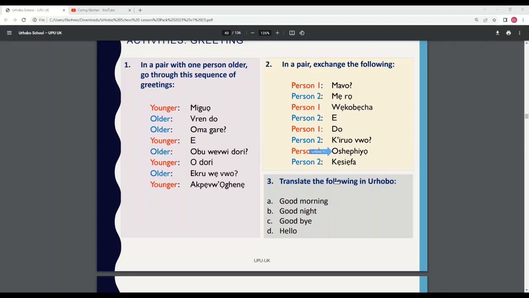Can you say it one more time, please? Urhobo. Okay, in our next class, we're going to work on the consonant sound and the vowel sound to help us pronounce better. So next time when we're going to pronounce PH, you know that Urhobo is in PH.